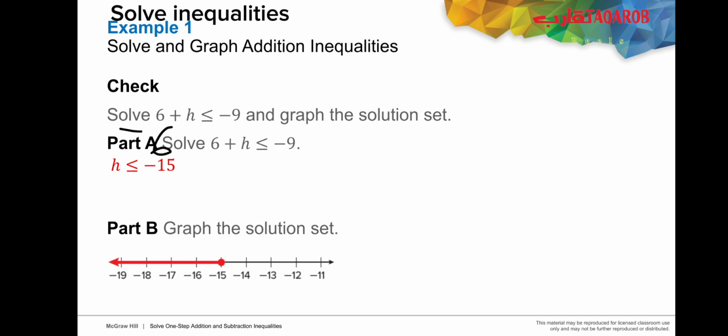I need just to graph it to show the solution. I go to -15 and put a filled circle on it. Then I make my line with an arrow for the solution to the left. Why to the left? Because h is less than -15.